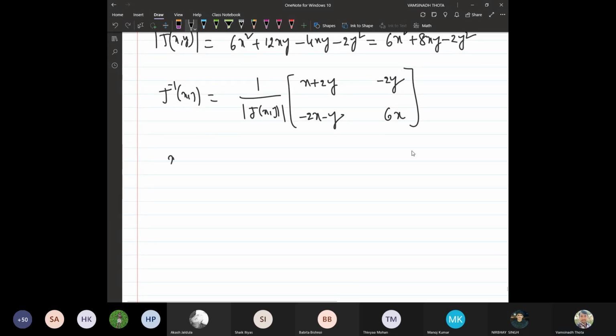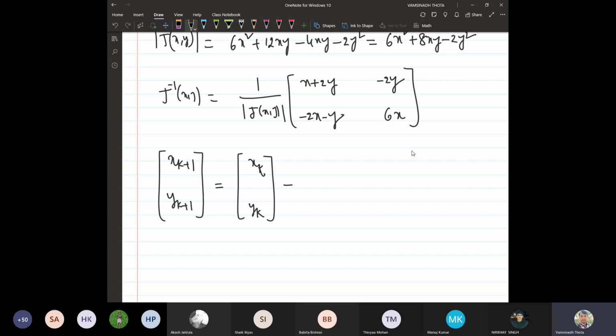It is xk plus 1 in the matrix form, and yk plus 1 is given by xk, yk here, and then minus the inverse of the Jacobian matrix at the point xk and yk times the value of the function f at the iterating point xk, yk, and the value of the function g at the point xk and yk. Generally, this is true for k equal to 0, 1, 2, 3.